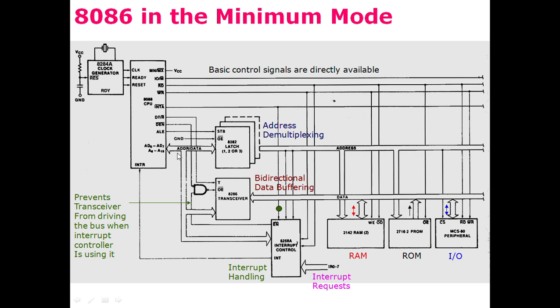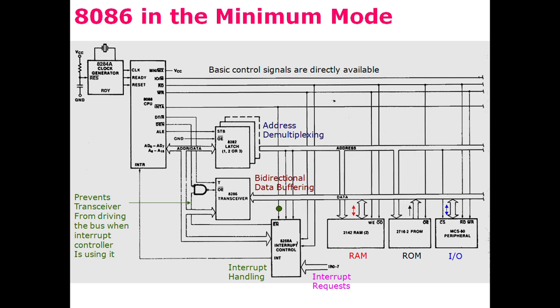Similarly, the multiplexed data and address pins are connected with the bidirectional transceivers. The job of these transceivers is that they buffer these pins, as well as control the direction of the data.